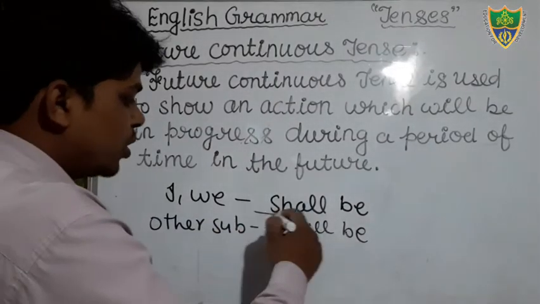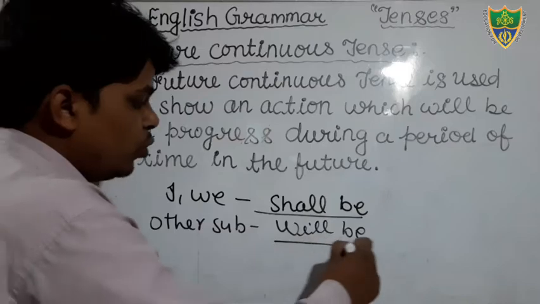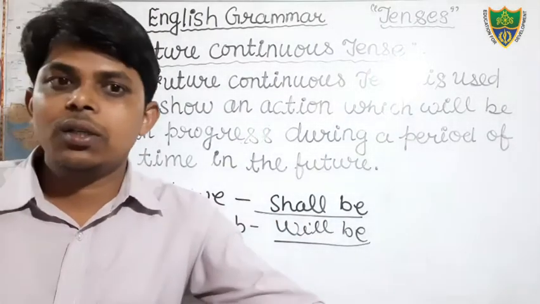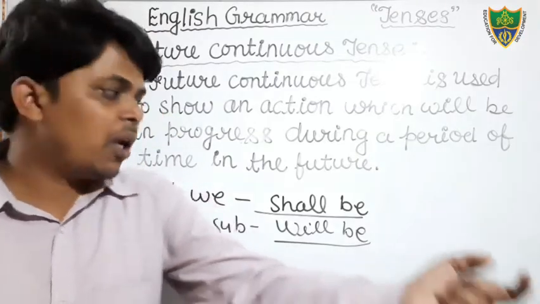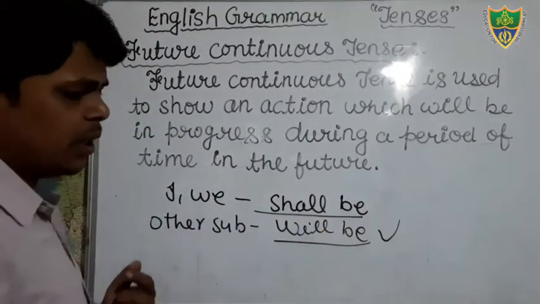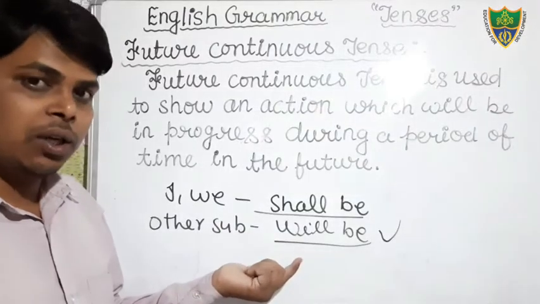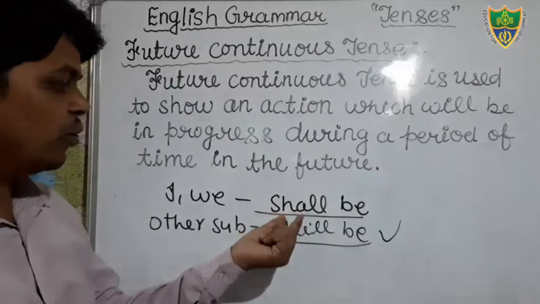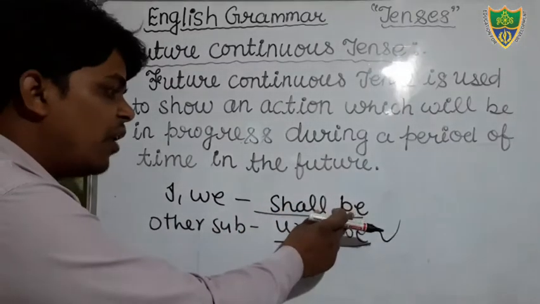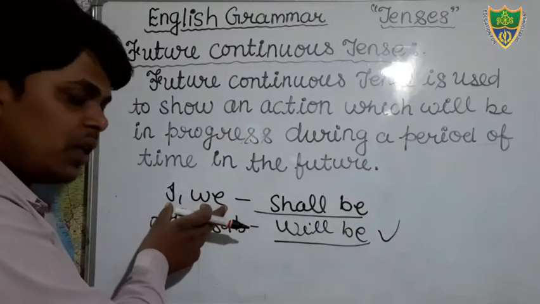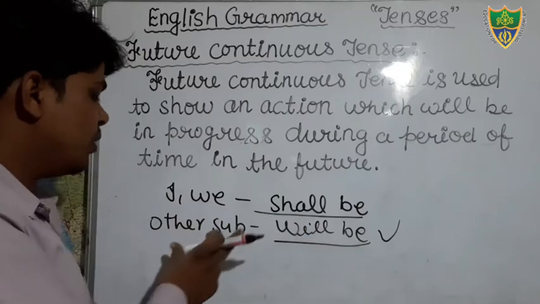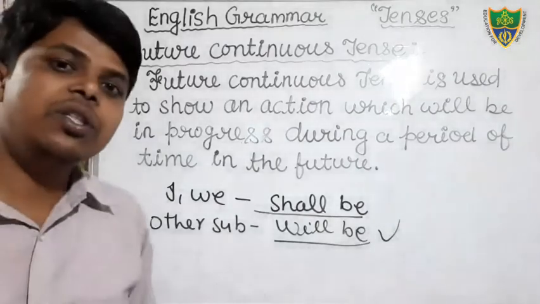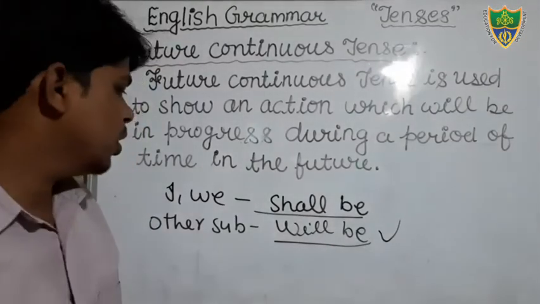We will use shall be with I and we, and we will use will be with other subjects. But nowadays, in modern English, people are using will be with all kinds of subjects. But you are reading formal English grammar, so we will follow this. We will use shall be with the subjects I and we, and will be with other subjects besides I and we. Okay students, I hope that you all have understood.